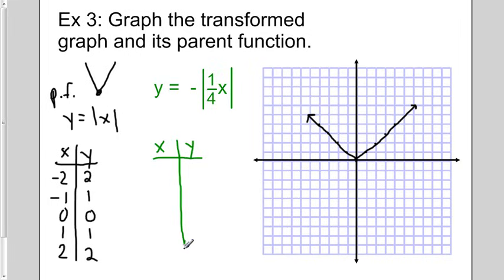We're going to end up with some decimals here, but that's okay. We'll do -2, -1, 0, 1, and 2. And if we put these values in for x here, we're going to get, let's see, it'd be -1/2, but the absolute value is 1/2. Then we make that negative, we get -1/2.